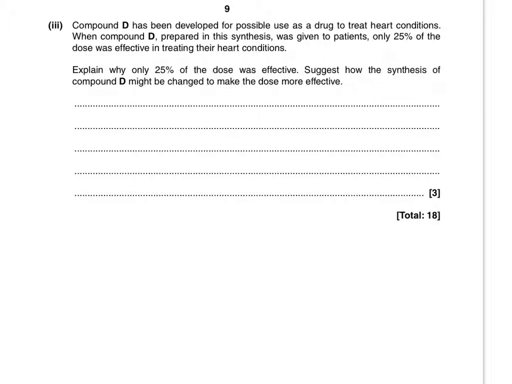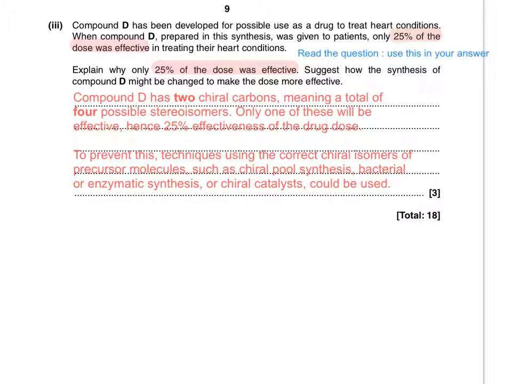So if I have another look at the question, can you see how it actually says 25% of the dose was effective? It has actually been said twice. So what that would mean is they really want you to use that in your answer. So the first mark would be for making use of the 25% idea.